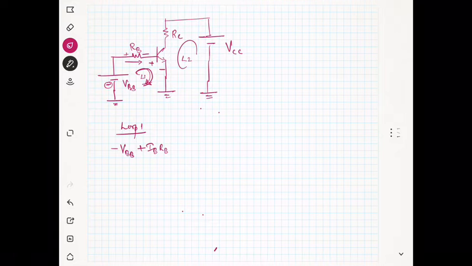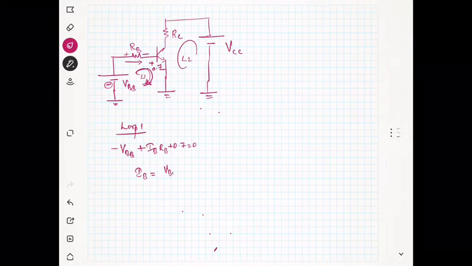And the base emitter voltage whenever it is forward biased is 0.7, so plus 0.7 is equal to 0. So from this equation we have IB is equal to VBB minus 0.7 over RB.